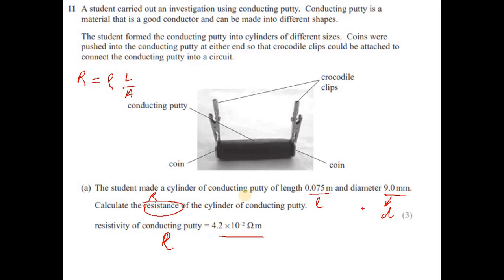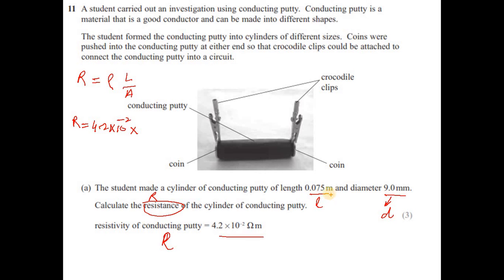So you can say that R is equal to rho, and rho is 4.2 into 10 to the power minus 2, into length.